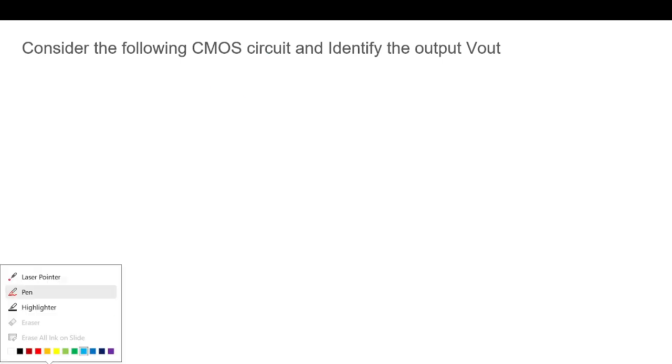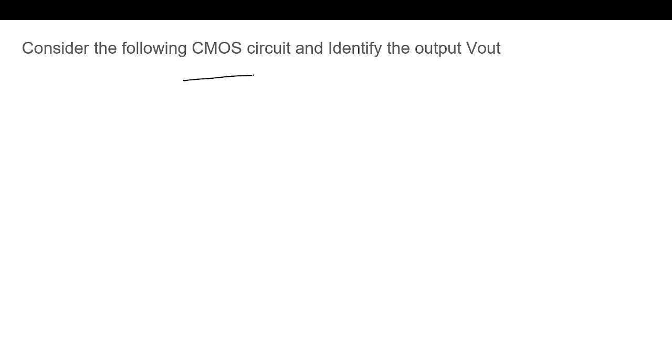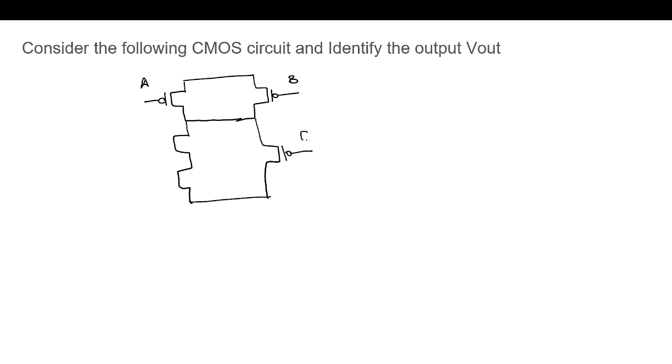So next, consider the following CMOS circuit and identify the output. So I will give you the circuit. And we have a pull-up network.